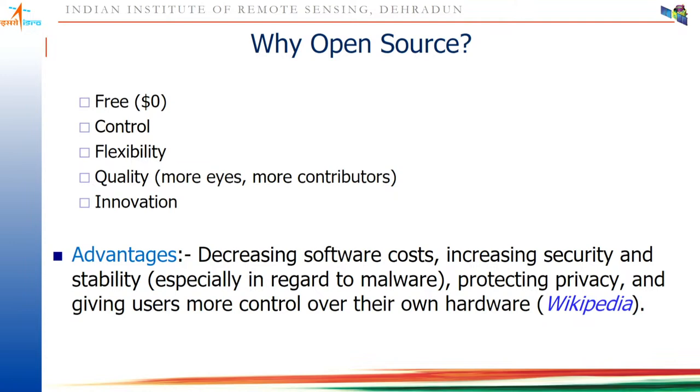And also, it has been seen that open source softwares are leading the innovation in the software domain. That is, most new functionalities appear in the open source softwares first, and then come later in the closed source softwares.